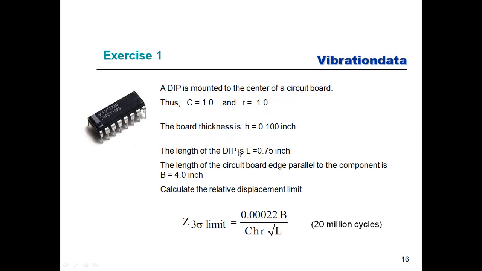The length of the dual inline package, L, is equal to 0.75 inches. The length of the circuit board edge parallel to the component, B, is equal to 4.0 inches. So we're going to calculate the relative displacement limit in inches using this Steinberg formula.